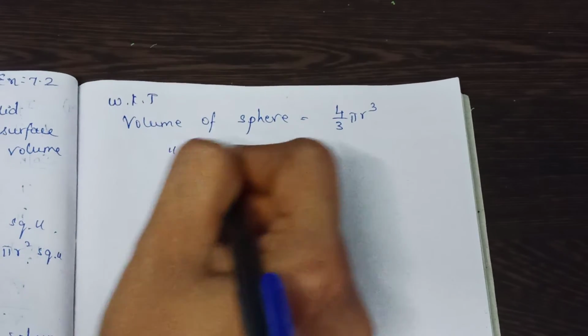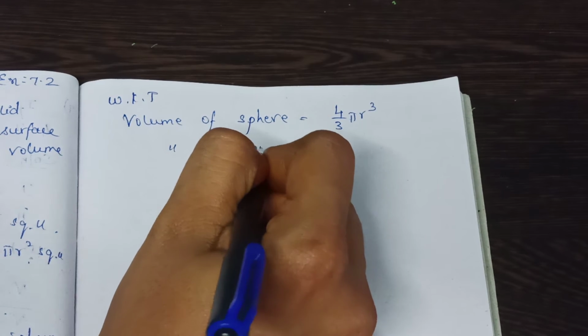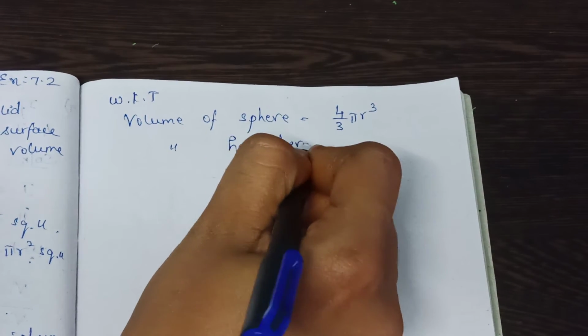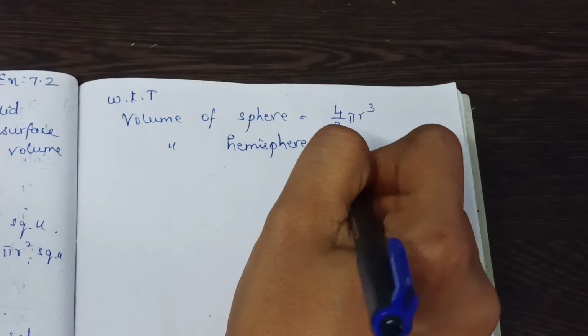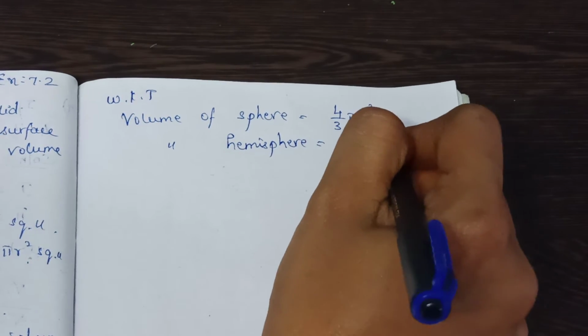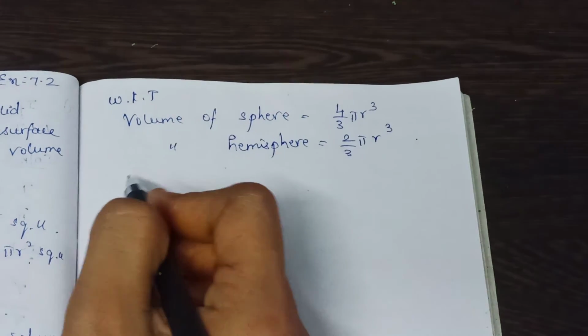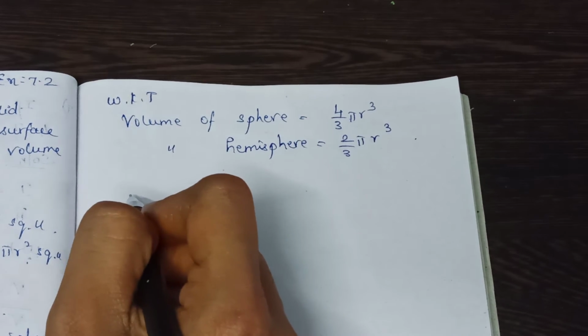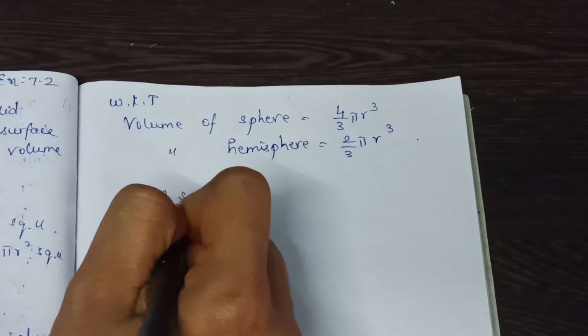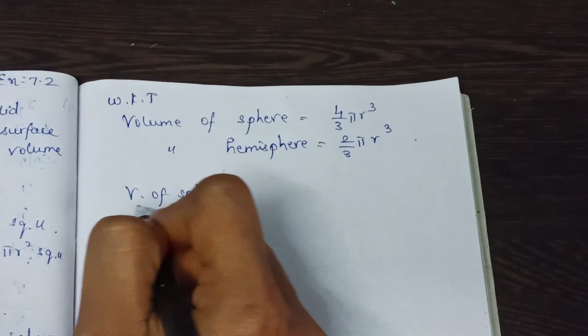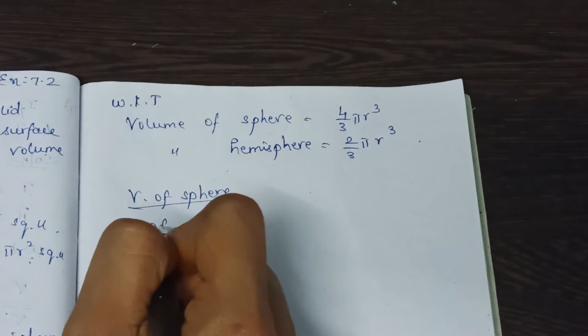In the same way volume of hemisphere is given by 2 by 3 pi r cube. And here we have to find ratio of their volumes, that is volume of sphere by volume of hemisphere.